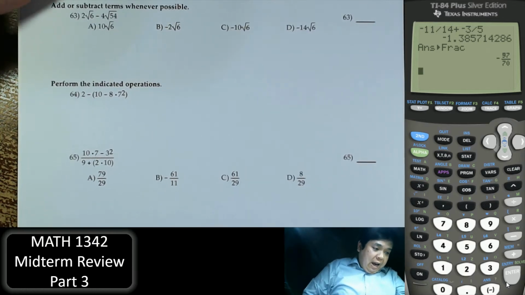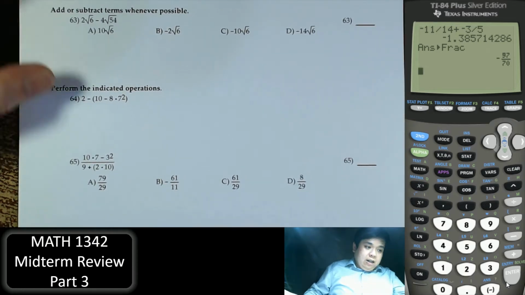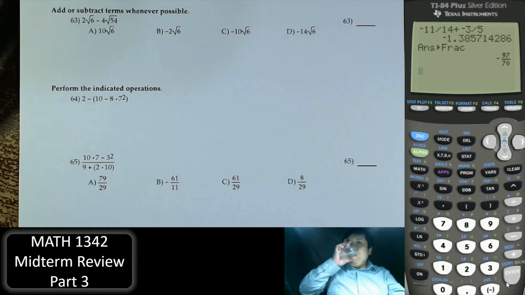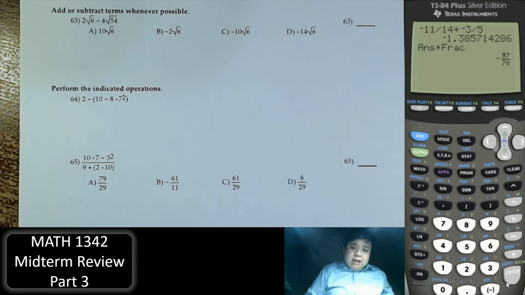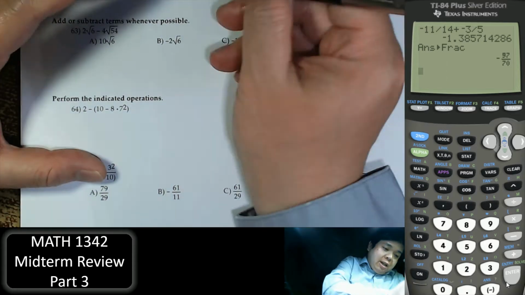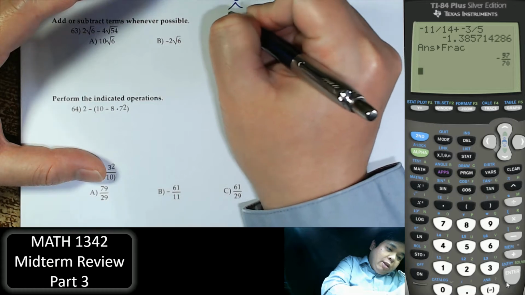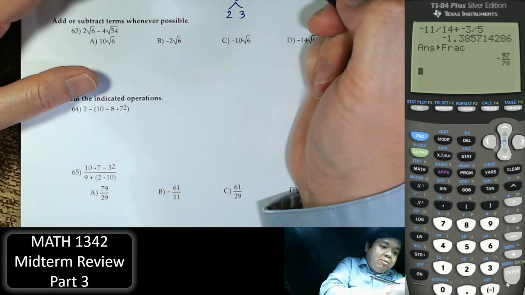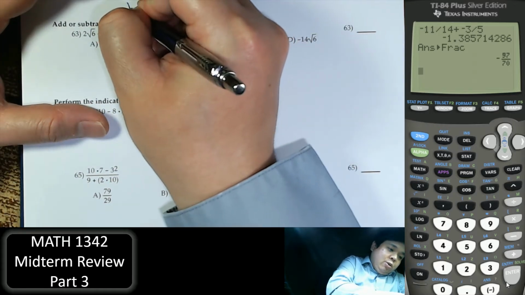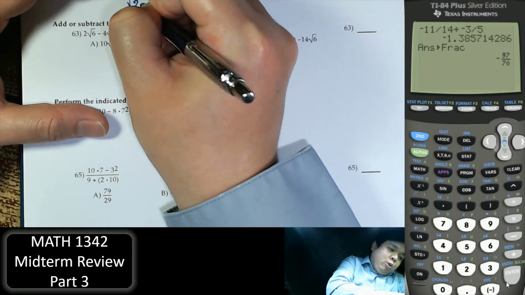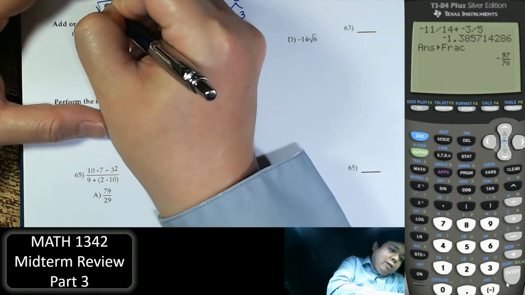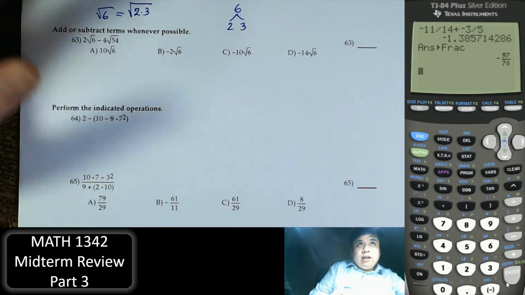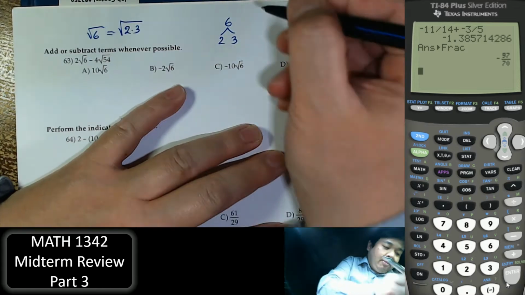Next, add or subtract this. So 2 square root of 6. Let's see. 6, if we break it down, is 2 times 3, so square root of 2 times 3. We cannot reduce anything from there.